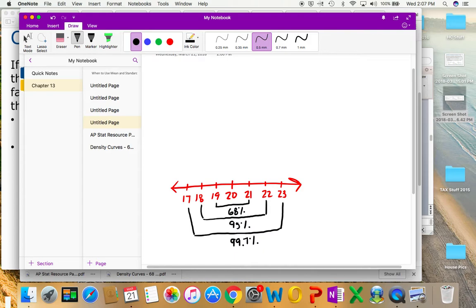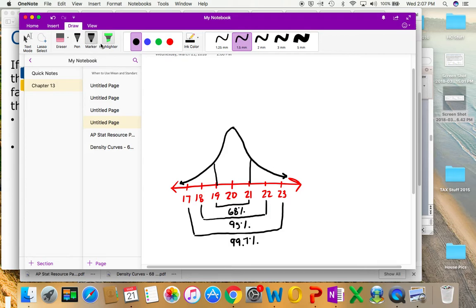Now let's draw the most important thing here, that's the density curve. Off to the left, off to the right. Now let's say we divided these up. In other words, I know from 19 over to 21, this region in here is 68%.